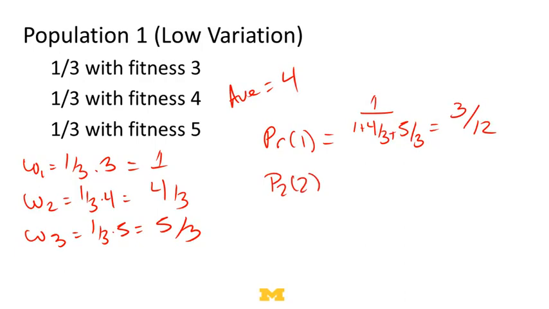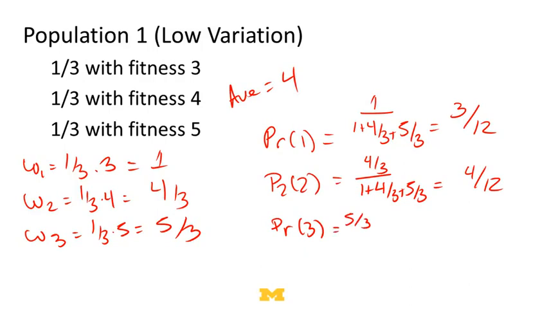The proportion of type 2 is going to be 4/3 over 1 plus 4/3 plus 5/3, which is going to be 4 over 12. And the proportion of type 3 is just going to be 5/3 over 1 plus 4/3 plus 5/3, which is 5 over 12. So we're going to have 3/12 fitness 3, 4/12 fitness 4, and 5/12 fitness 5.